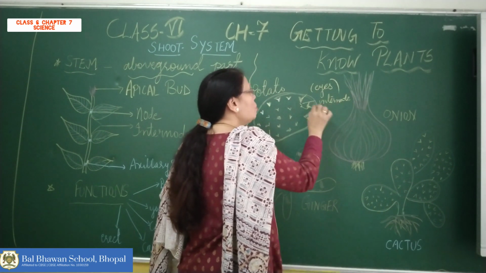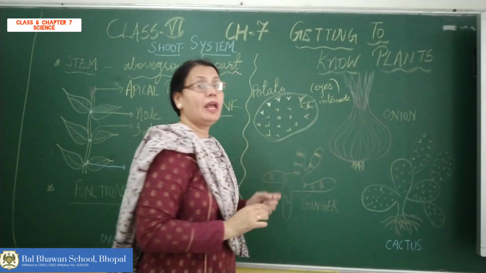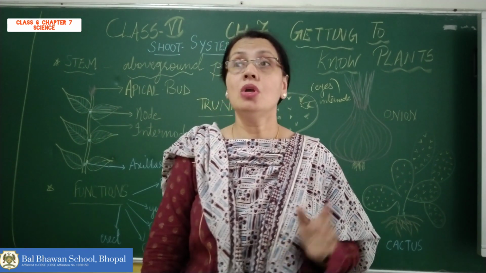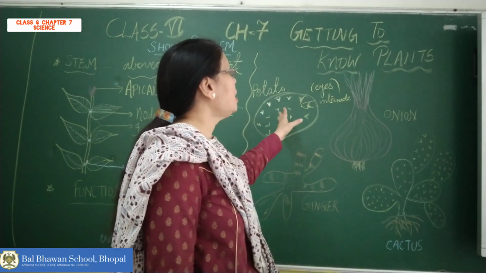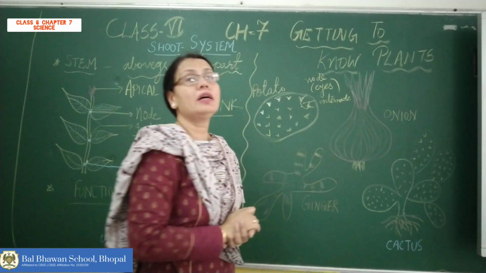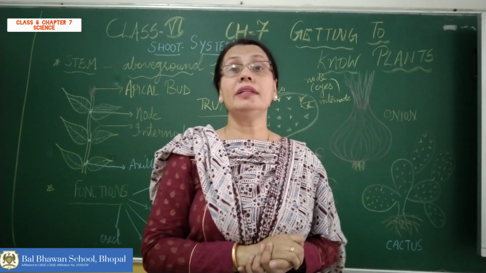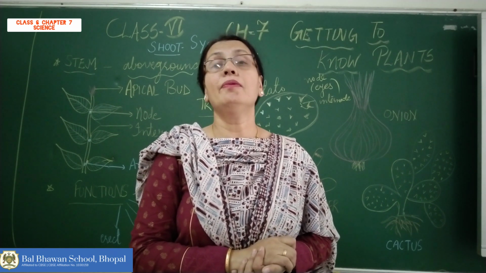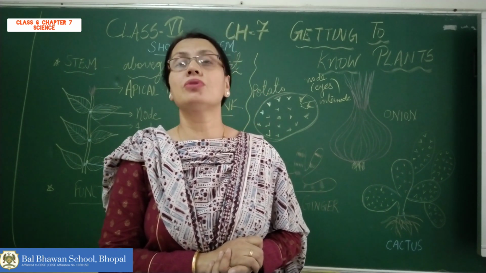So we have nodes and internodes, and we all know that nodes and internodes are found only on the stem. So because of the presence of nodes and internodes, we say that a potato is an underground stem. That means it is a stem only, which is found under the soil.